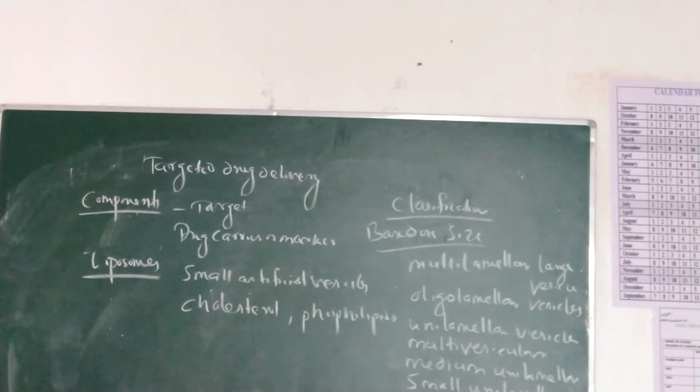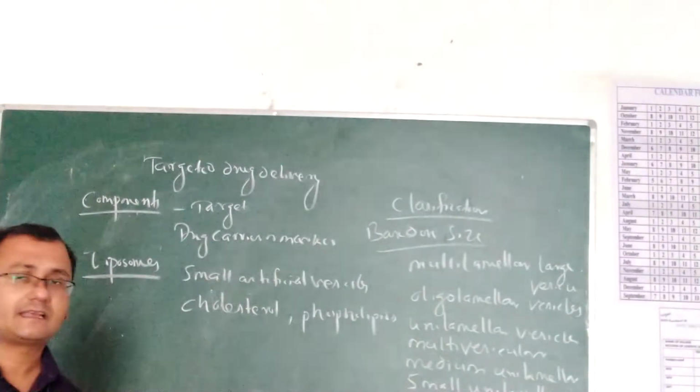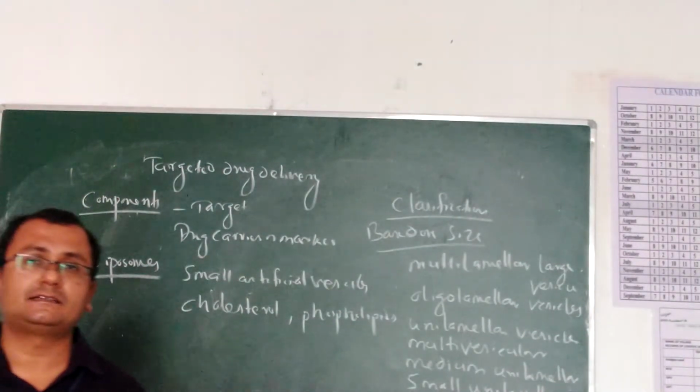Generally, liposomes are carriers for different types of molecules or drugs in the pharmaceutical industry. Liposomes are small artificial vesicles having a spherical shape, generally prepared from cholesterol and phospholipids. Two types of materials we are taking, cholesterol and phospholipids.